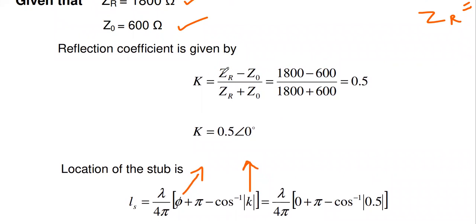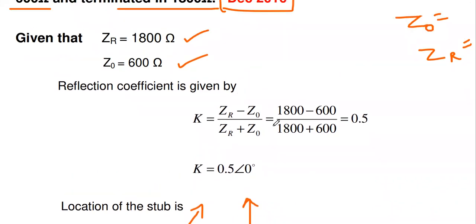What is the formula? ZR minus Z0 by ZR plus Z0. Here ZR is given and Z0 is given, so you just substitute the values. ZR is 1800 minus Z0 600, divided by 1800 plus 600. You may calculate the answer as 0.5.